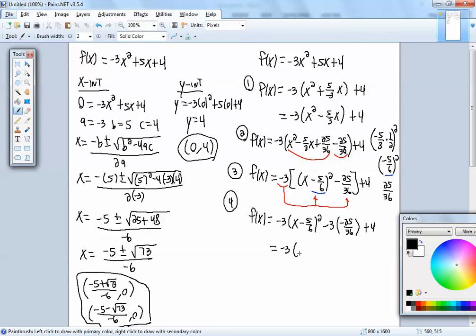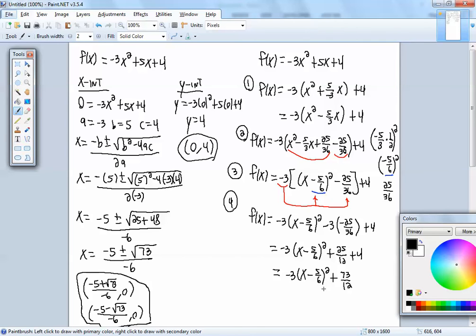So that gives us negative 3 times x minus 5/6 squared. Negative times a negative is positive, and this 3 and this 36 simplify, so that's 25 over 12 plus 4. So then we got negative 3 times x minus 5/6 squared plus 4 times, this is a mixed number, 4 times 12 is 48 plus 25, 73.